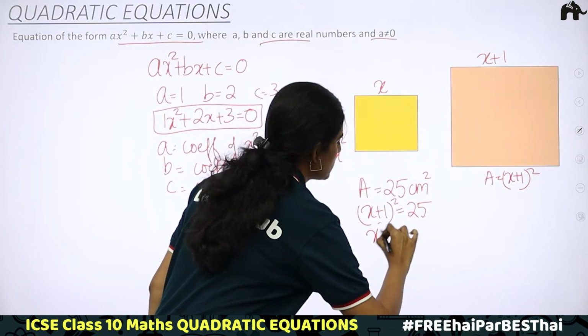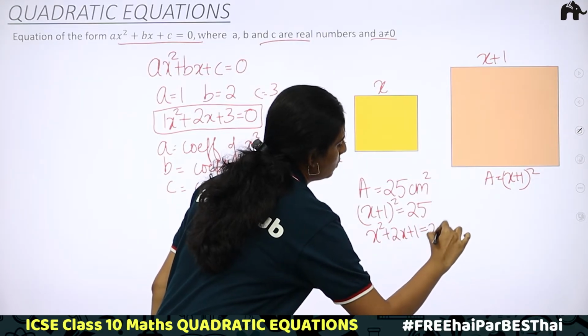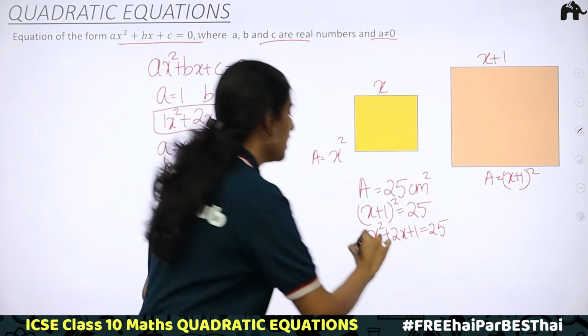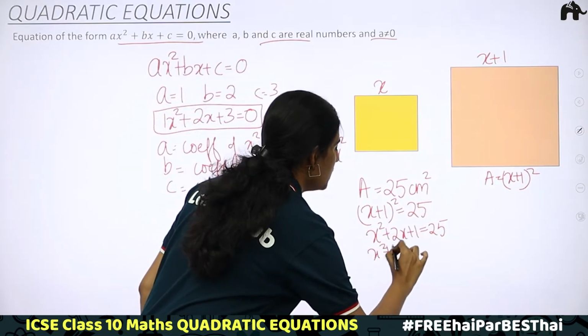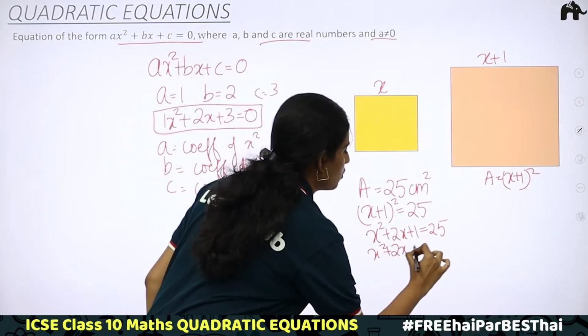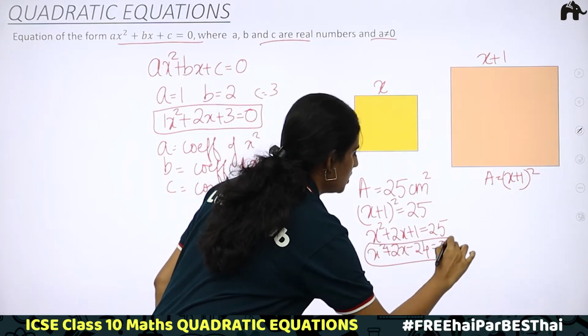That is x square plus 2x plus 1 is equal to 25. Taking this 25 to the opposite side, x square plus 2x, 1 minus 25 is minus 24, equal to 0. This is a quadratic equation.